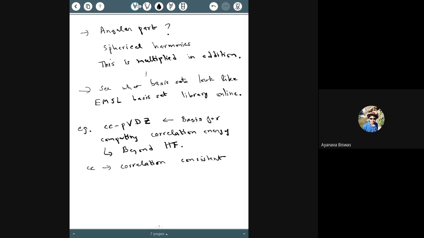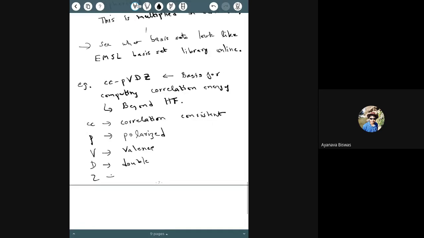P is polarized. V is valence. D is double. And Z is zeta. So what do all these mean? Correlation consistent tells you that they are optimized taking into consideration correlation energy, so they will work well for you if you're doing correlated computations.